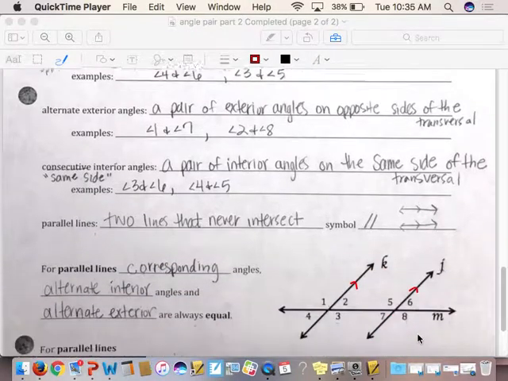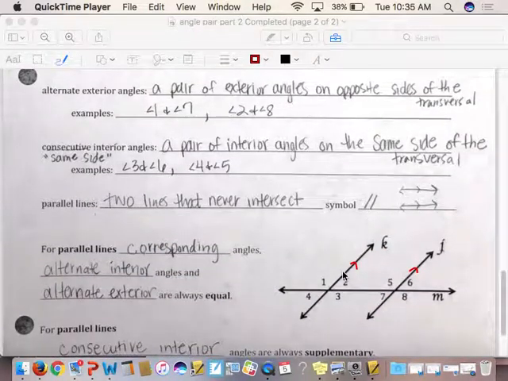So in this diagram below, the two lines that are parallel are K and J. I need you to add that to your diagram, please. K and J are parallel.